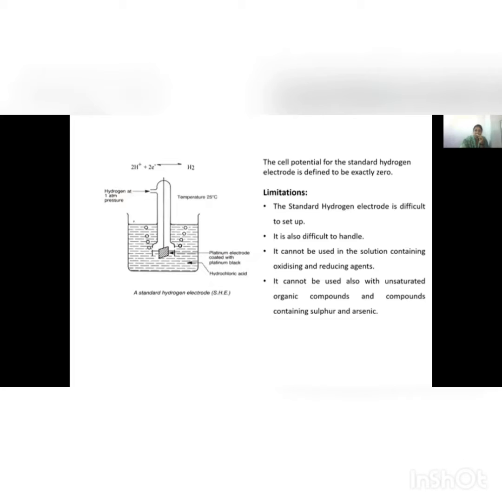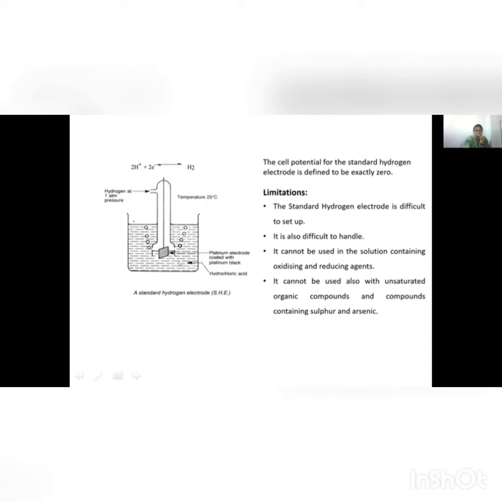So let's see the construction of the standard hydrogen electrode. First of all, it consists of a small platinized platinum foil which is sealed through the end of a glass tube. This tube is surrounded by an outer glass tube. This glass tube is provided with a side arm for passing hydrogen gas. The bottom of this glass tube is flared into a bell to allow escape of hydrogen gas.